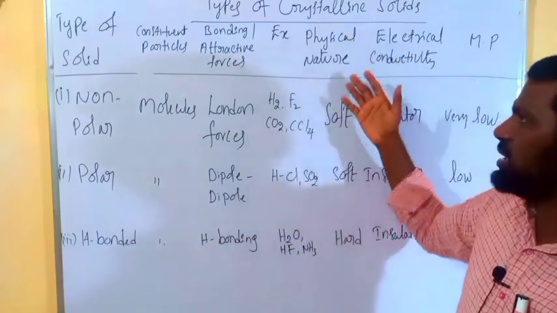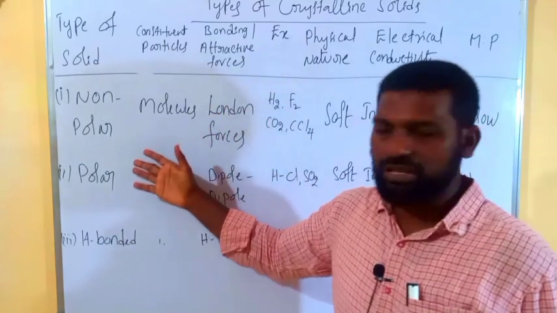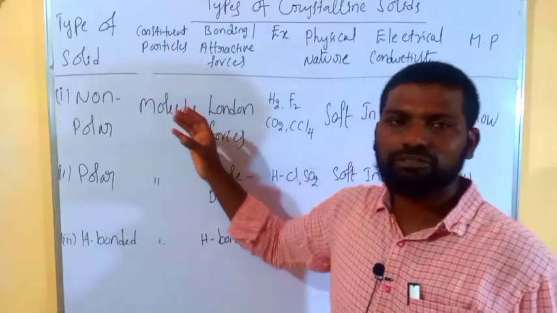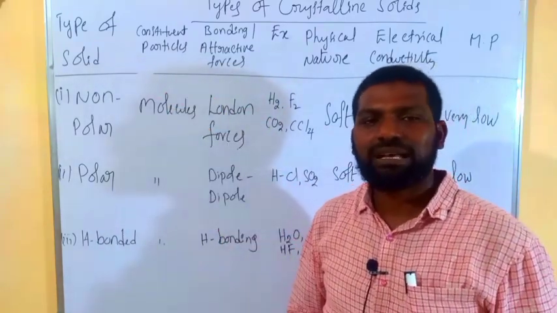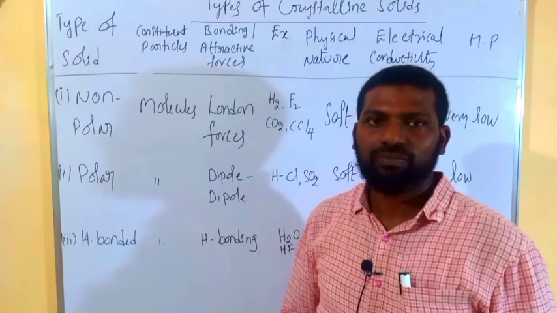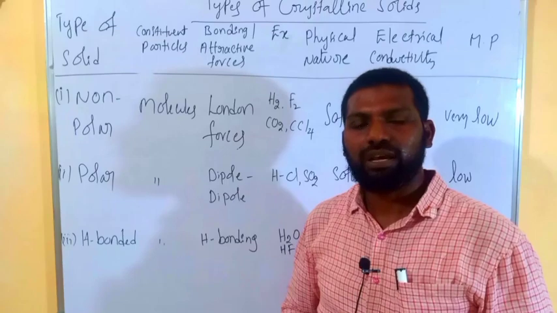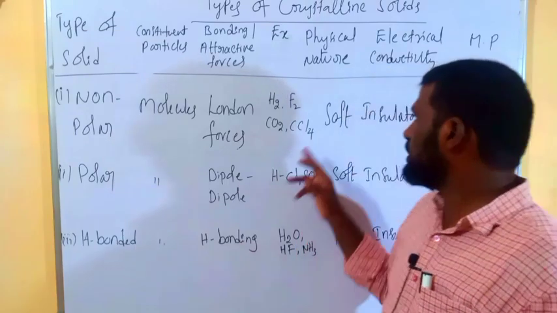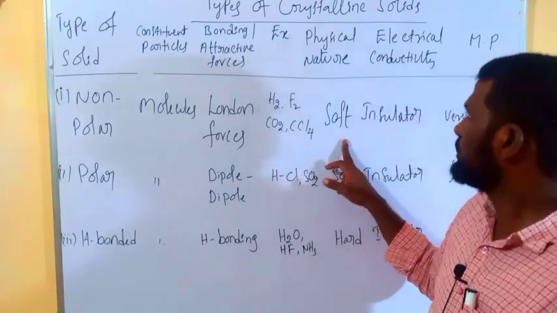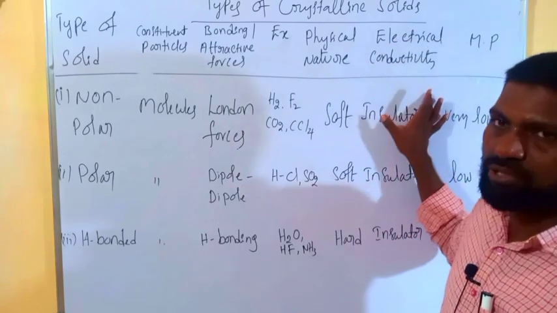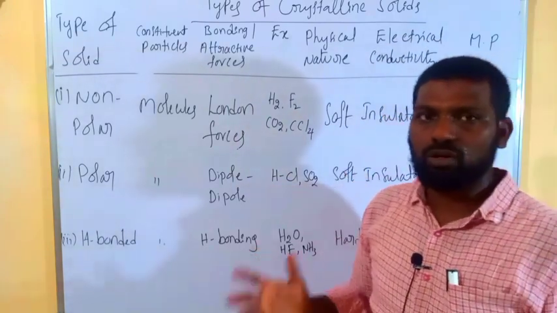Next, physical nature of non-polar solids. Most of the non-polar solids exist in the state of gases or liquids, so they are very soft. Next, electrical conductivity. Do they conduct electricity or not?